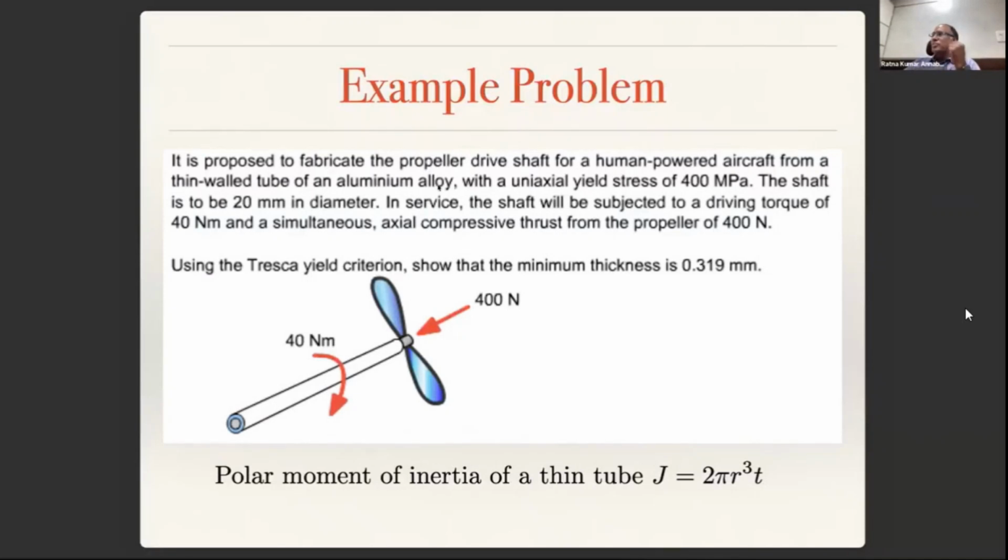Here, assume the factor of safety to be 1, what will it be? If the factor of safety is assumed to be 2, what should be the thickness, and so on. Is the question clear to all of you? Yes, sir.